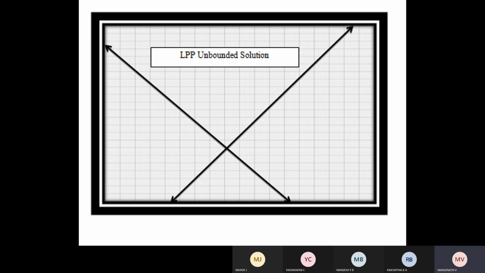If this is the case, one side increasing, the other side decreasing, or there is no common intersection point, or at least one intersecting point, that is not the right kind of answer to be taken.